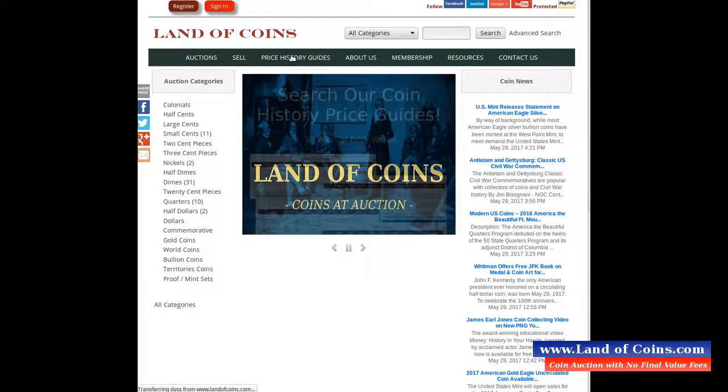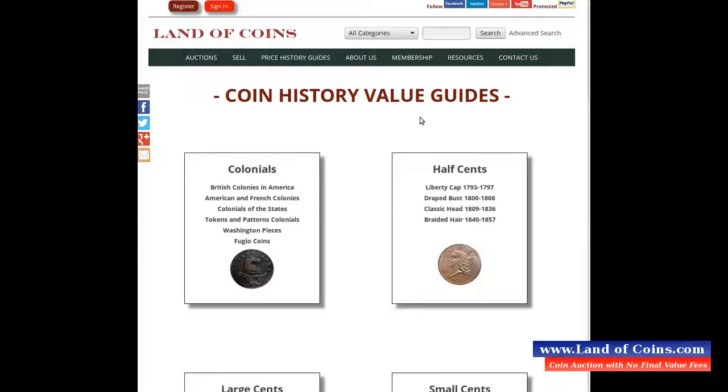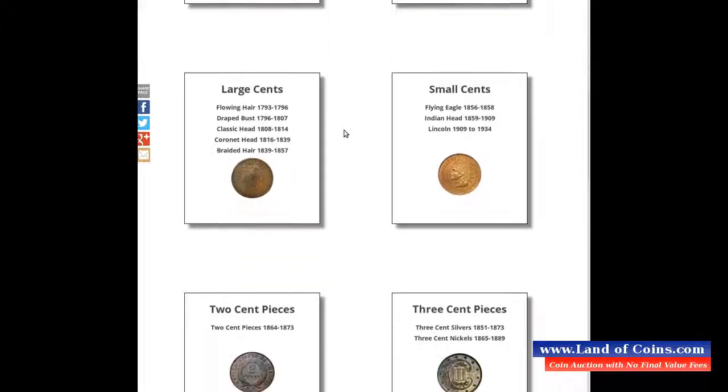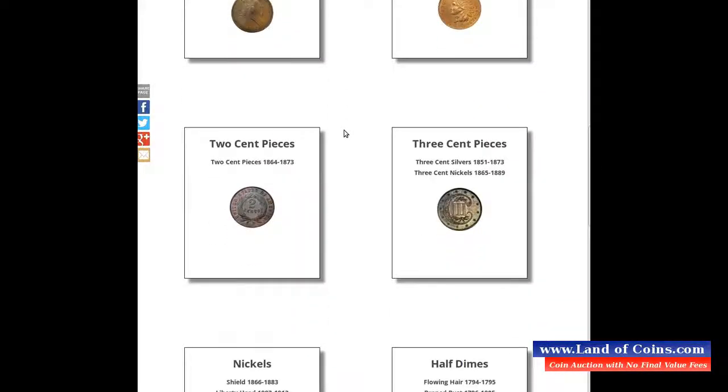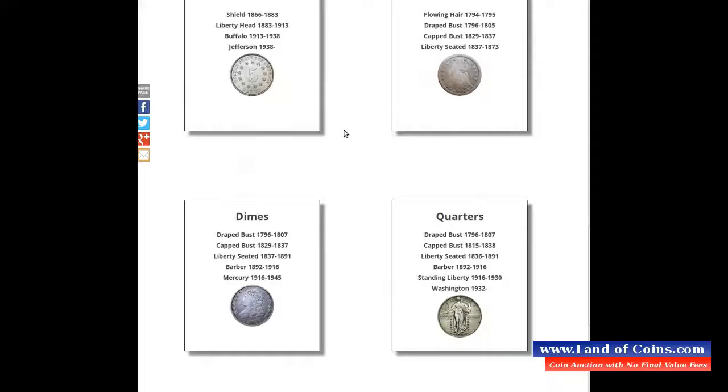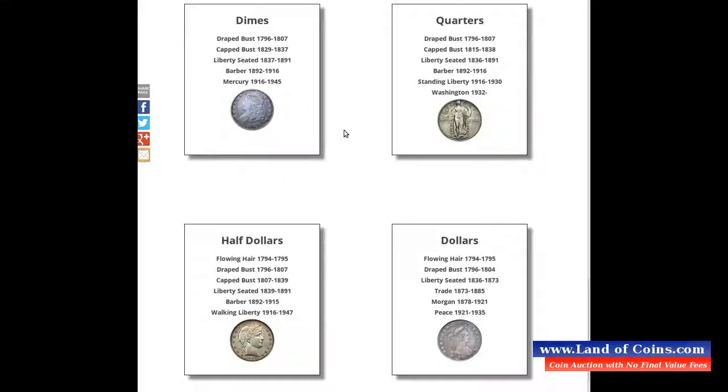Just go ahead and click that. It'll bring you to the coin history value guides table, and you can select whatever coin you'd like to view the values of, not only in today's values but what the price values were 60 years ago. You can look at every decade.